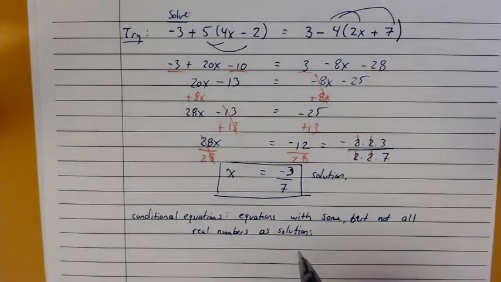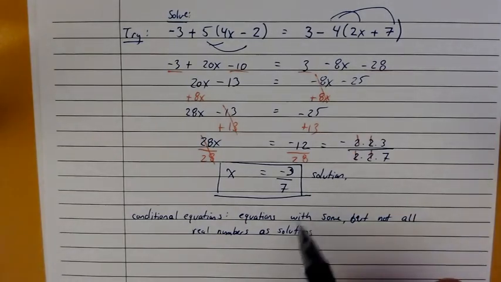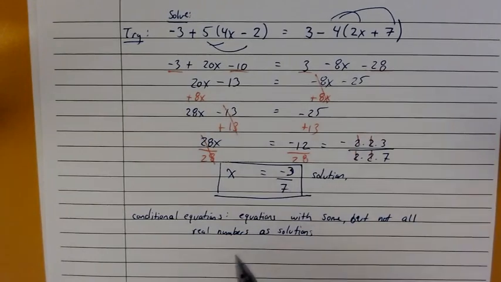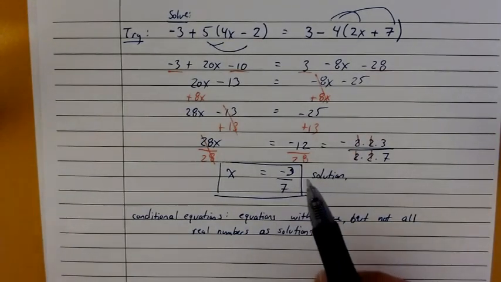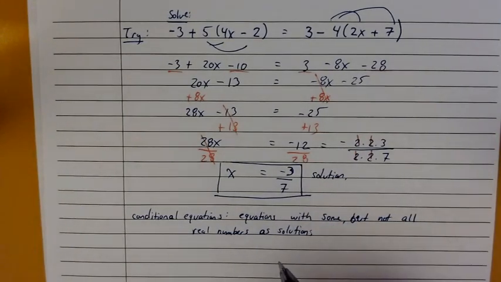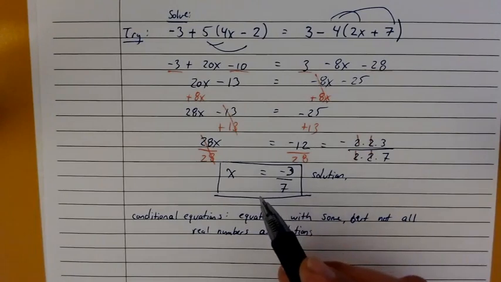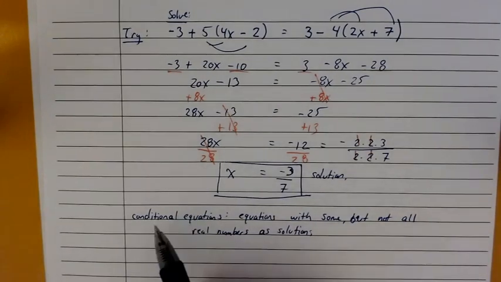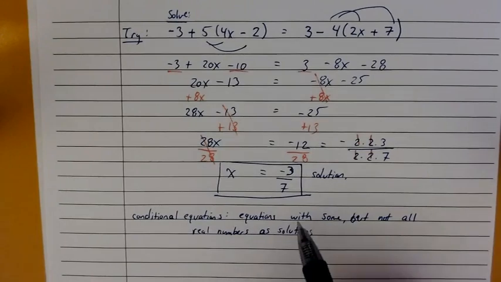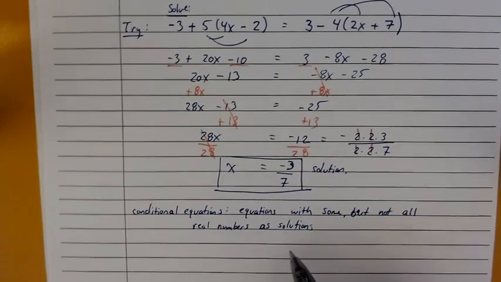Meaning, if I give you an equation, you could find some solutions. Maybe 1, maybe 2, maybe 5, maybe 50. But you could find some. But it wouldn't be every number. It's not like every number is going to work. You have to find specific ones. And again, maybe you're finding a specific 1 or a specific 2 or a specific 50. But a conditional equation is an equation which has some, but not all real numbers as solutions.